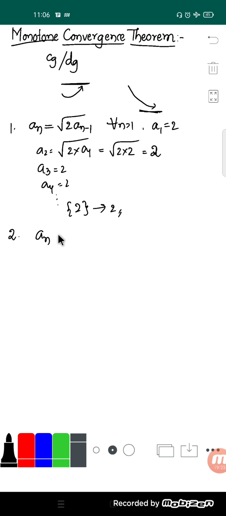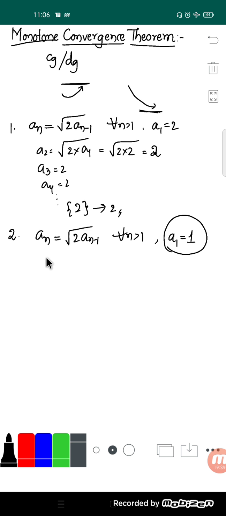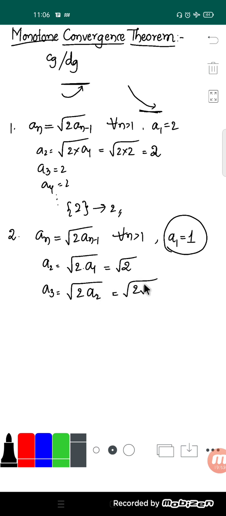We take the same recursive relation, a_(n+1) = square root of 2 a_n, for all n greater than or equal to 1, but I change a1 to be equal to 1. Then a2 is square root of 2 into a1, and a1 is 1, so it becomes square root of 2. a3 is square root of 2 into a2, which is square root of 2 into square root of 2.